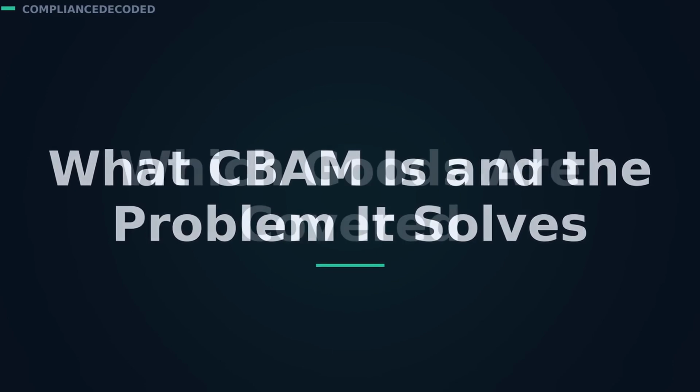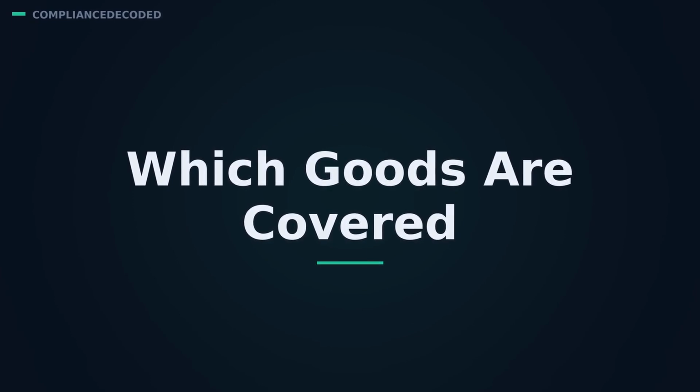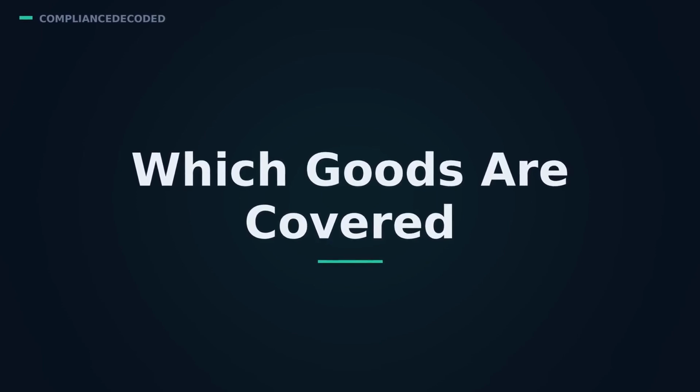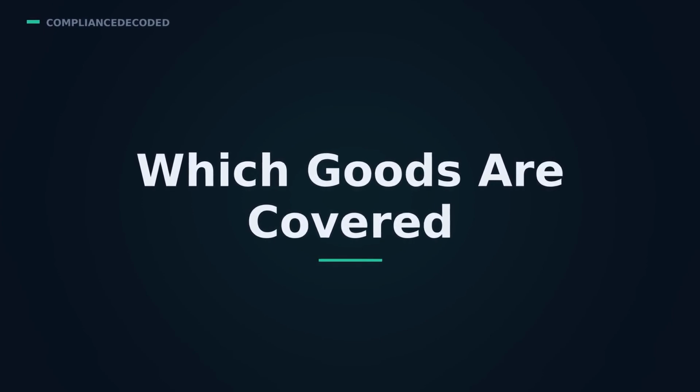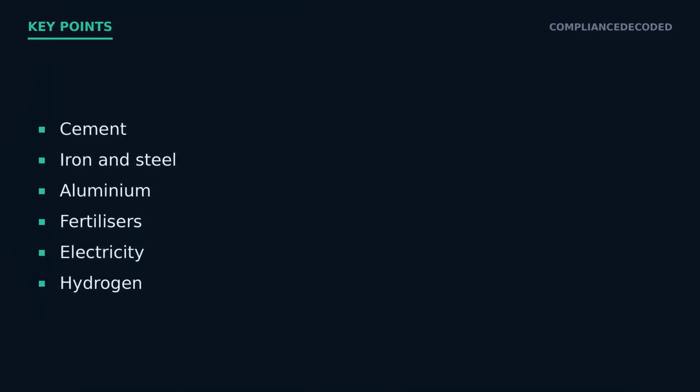So what does CBAM actually apply to? It doesn't cover everything crossing the EU border. It targets specific sectors that are both carbon-intensive and exposed to international trade. At launch, CBAM covers 6 categories of goods: cement, iron and steel, aluminium, fertilizers, electricity, and hydrogen.